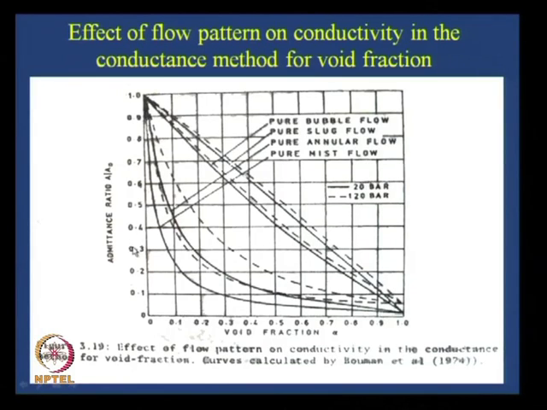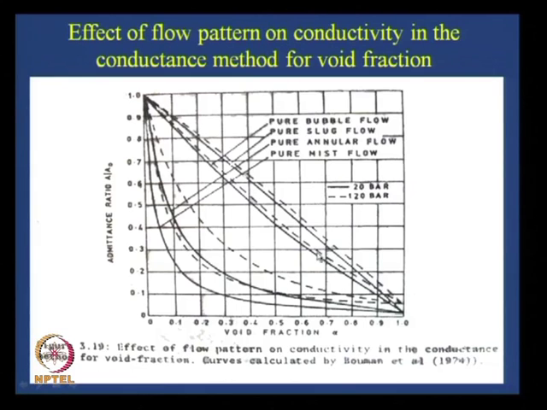So, for the same admittance, say an admittance ratio of 0.3, when it is annular flow, the void fraction is 0.2, and when it is bubbly or slug flow, the void fraction is almost 0.7, 0.75.